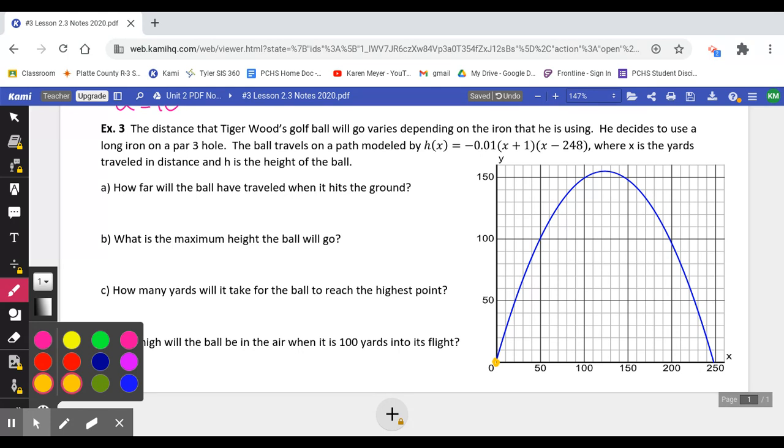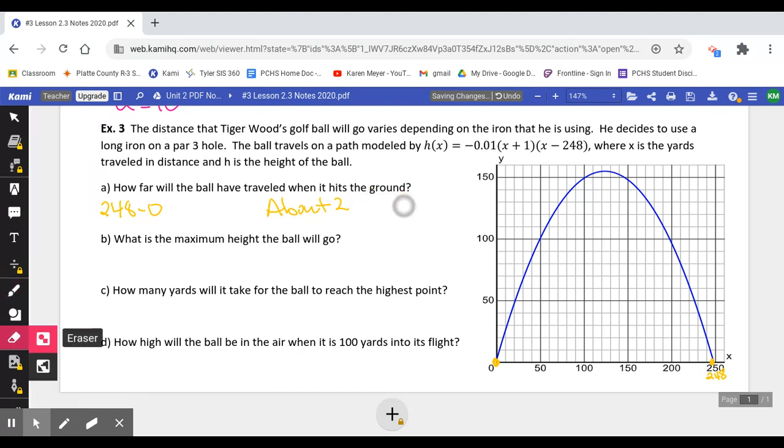So I'm just going to estimate that, and I'm going to say it goes to about 248. So what's the distance between 0 and 248? Well, that is 248. So once again, there is a little bit of leeway on that one. So I would write the answer as about 248 yards.